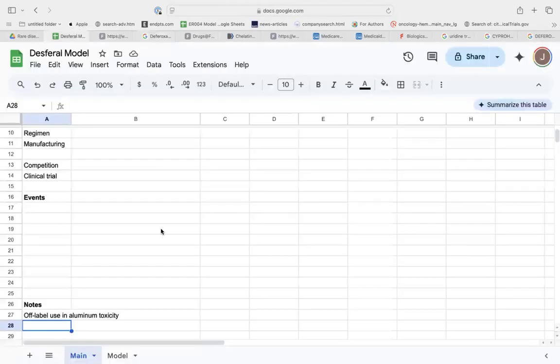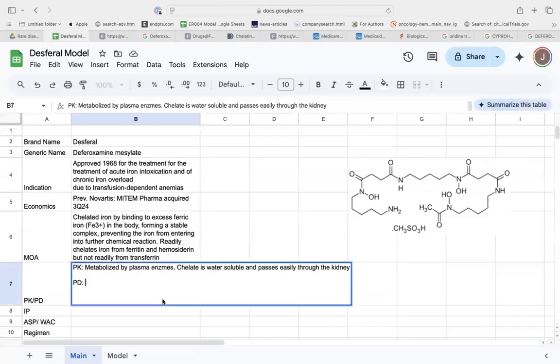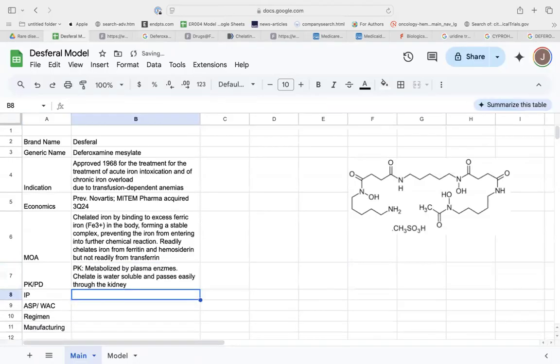Okay, I think they just don't really have a lot of PD data generated, and the mechanism of action ties into the PD, but I wanted to see how long it takes to chelate and how much is required. But if it's not there, it's not there.